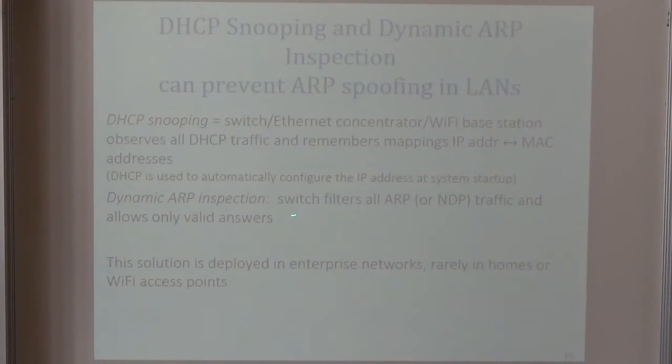So if the machine that you're trying to reach has received its address from DHCP, the information is in the DHCP table that has communicated with the switch the same information. So the switch will have this information, and you can do all the ARP you want. It will be blocked.